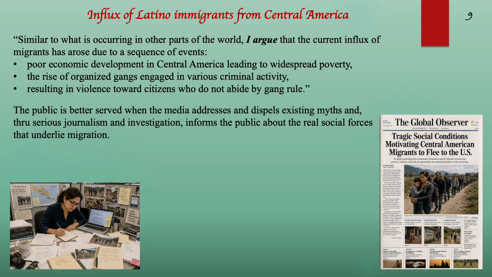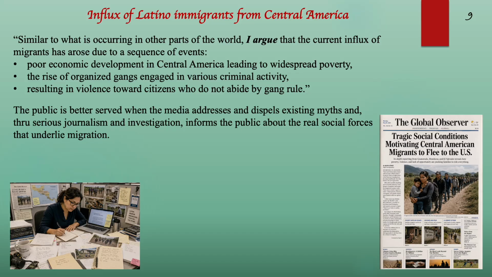There exist in the public realm prejudices and erroneous beliefs about who the migrants are and why they flee north. And she refutes or argues against these myths with empirical data.